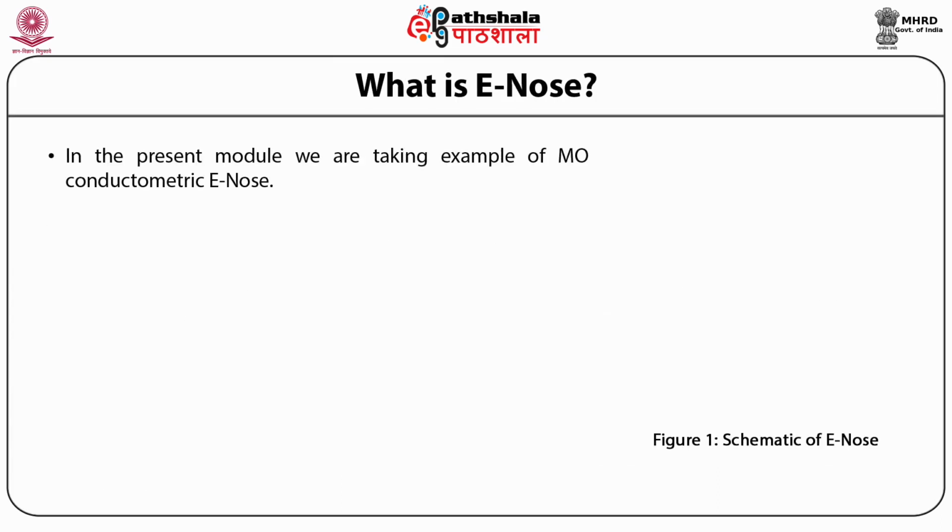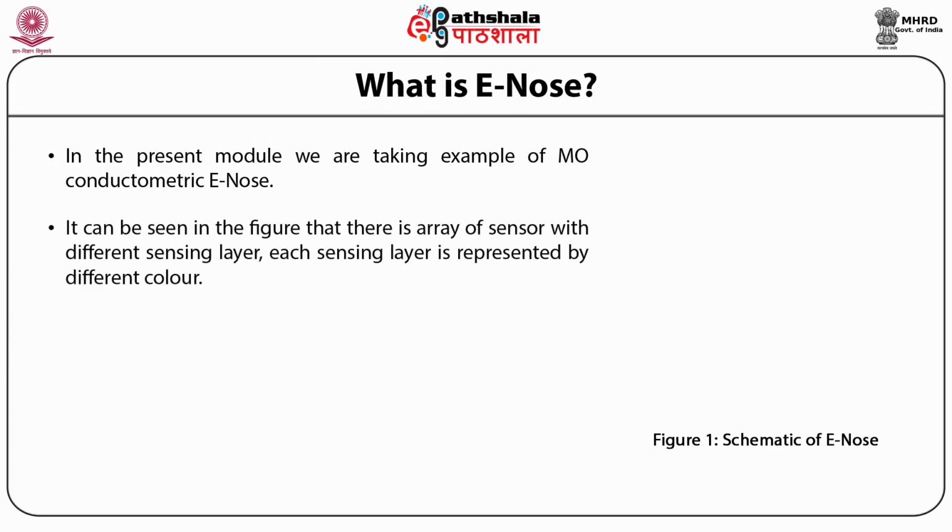Now, let us discuss the example of metal oxide based conductometric Enose. Schematic is shown in this figure, and it can be seen from the figure that there is an array of sensors with different sensing layers. Each sensing layer is represented by different color.